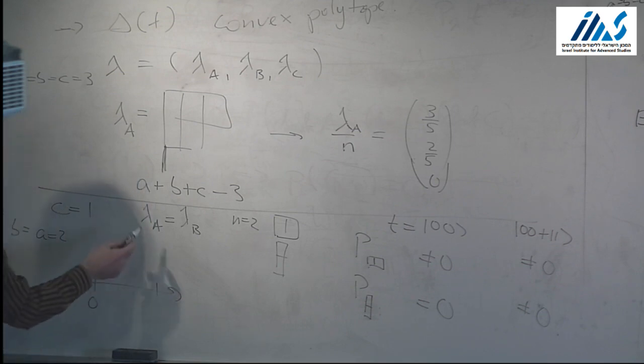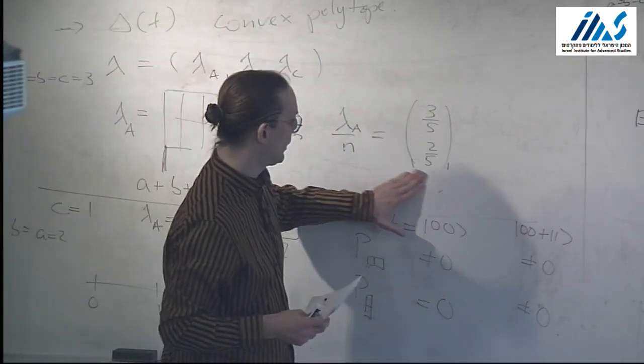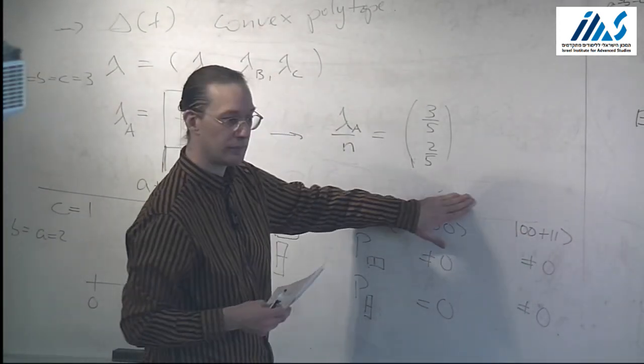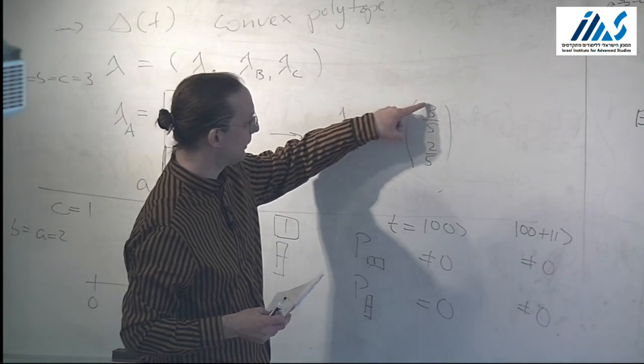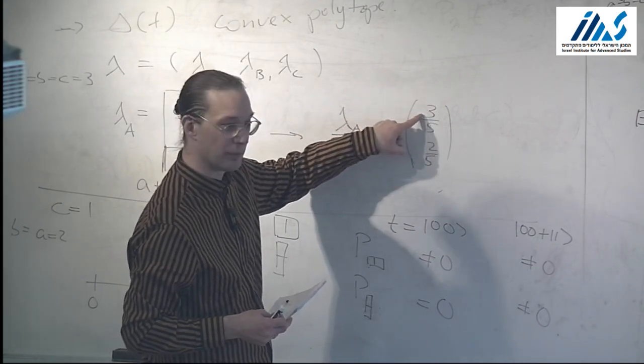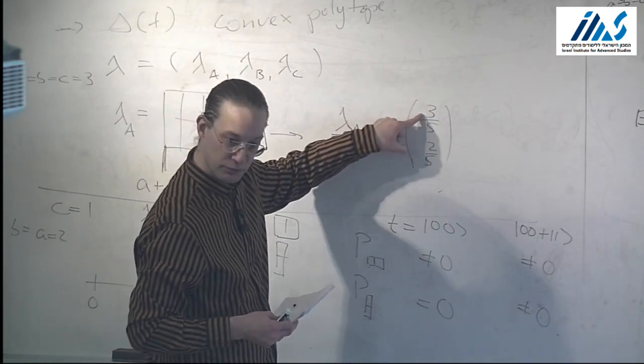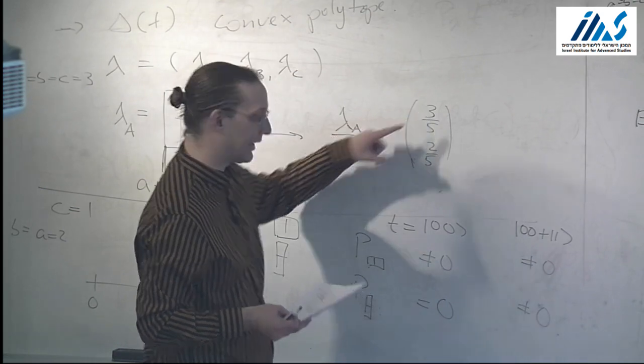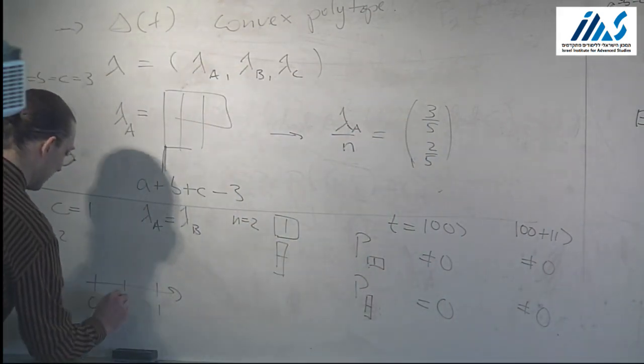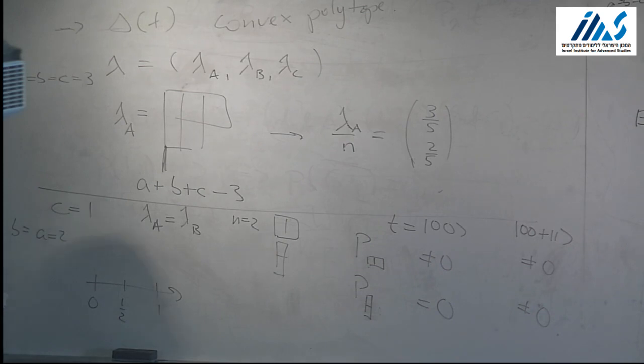So what are the options? The options are 0 or 1. So it's what comes out as a probability distribution, and I always put the largest one on top. If I have a probability distribution of 2 elements, the largest one is bigger than a half. So actually, it starts at a half. Can I reach a half?